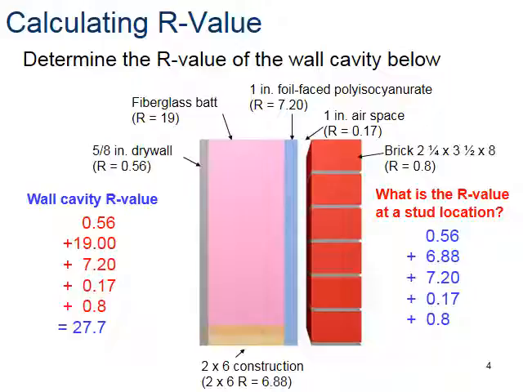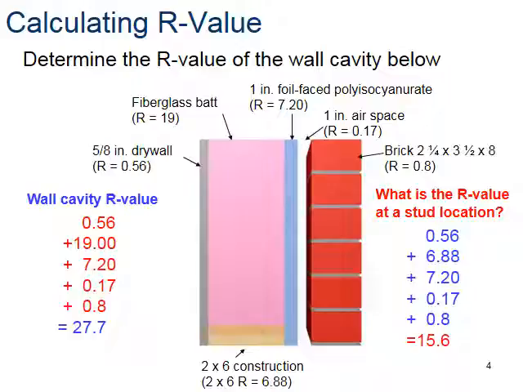And again, we're just going to add all those up. 0.56, 6.88, which is the R value of the stud. We do not consider the insulation in this part because we're not going through the insulation. 7.2 for the foil. We go through the air at 0.17, and then finally the brick at 0.8. And when we add those up, we get 15.6.